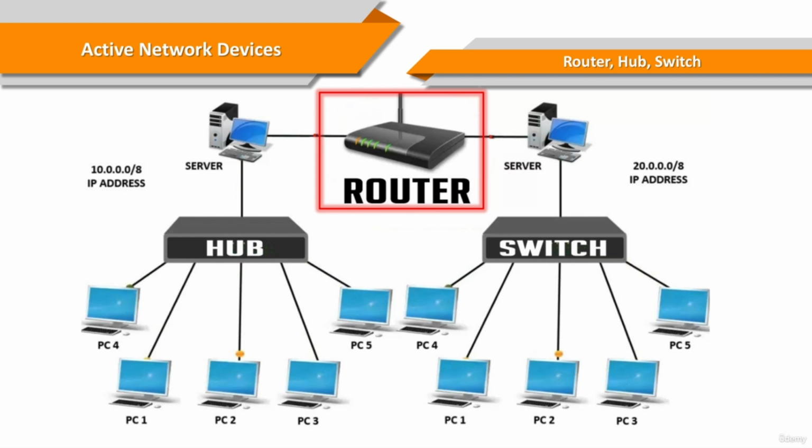In addition, the router also uses protocols such as ICMP, Internet Control Message Protocol, to communicate with each other and configure the best route between any two hosts. So, in a word, a router forwards data packets along networks.